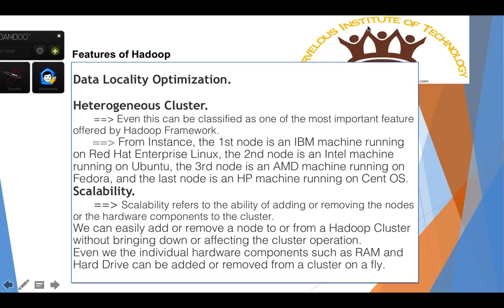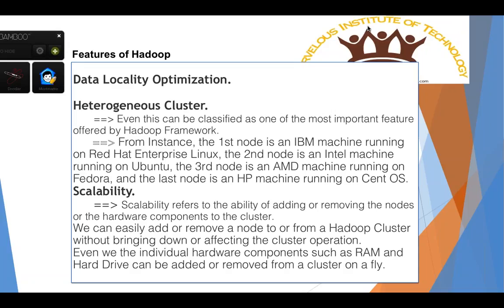It can be any kind of machine. Let's assume you have a 4 node cluster, where one node is an IBM machine running on Red Hat Enterprise Linux, and you can have one more machine which is an Intel machine with Ubuntu. You can have another machine, an AMD machine running on Fedora. You can have another machine which is HP. It can be on CentOS.